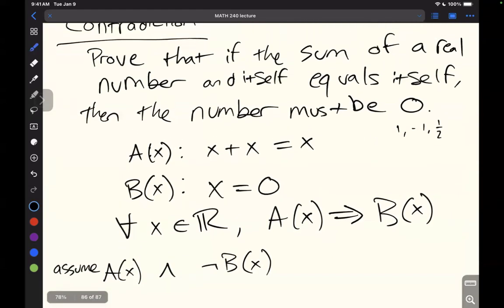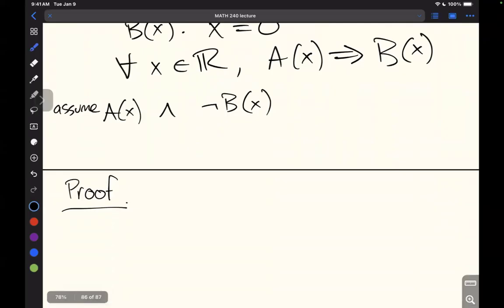We'll start off by saying what x is. So we'll say, let x be any real number.